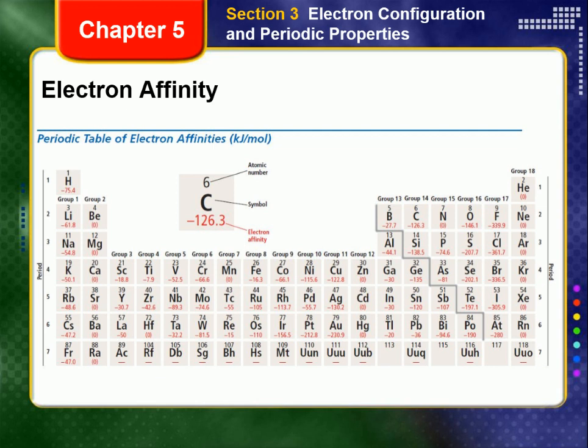Adding electrons to negative ions. For an isolated ion in the gas phase, it is always more difficult to add a second electron to an already negative ion. Therefore, second electron affinities are all positive. Certain p-block nonmetals tend to form negative ions that have noble gas configurations. The halogens do so by adding one electron. For example, chlorine has a configuration of neon 3s2 3p5.